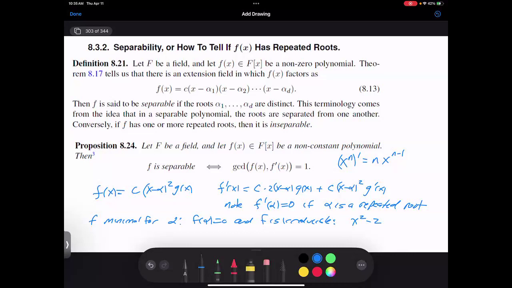What are the roots of x squared minus 2? Plus or minus root 2. If I give you the polynomial (x squared minus 2) squared, the roots are still going to be plus and minus root 2, but it would be silly to look at this polynomial to try to understand the square root of 2. This is not the smallest degree polynomial that has plus or minus root 2 as a root. So rather than studying this, which is clearly not irreducible, I would just study x squared minus 2.